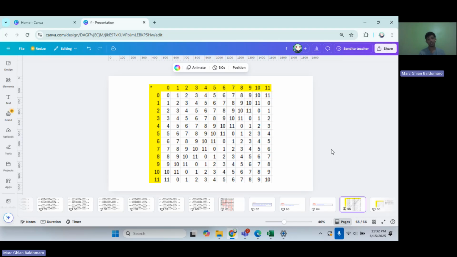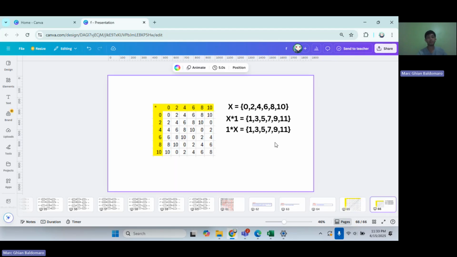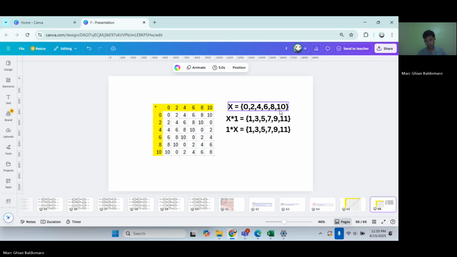So here is a Z sub 12. You can see there is 0, 1, 2, 3, 4, 5, 6, 7, 8, 9, 10, 11, so there are 12 elements. This is Z sub 12 and this is a cyclic group. For example, our subgroup has an order of 6: 0, 2, 4, 6, 8, 10.